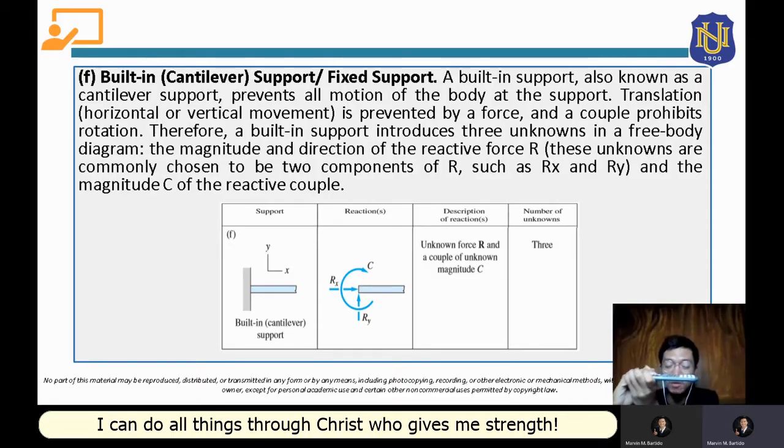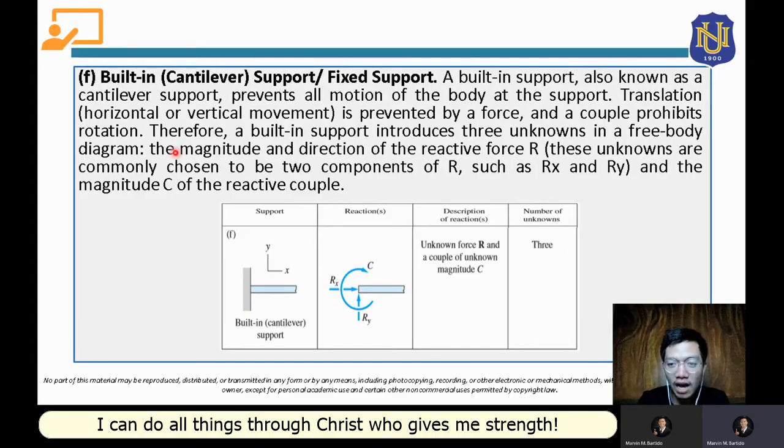If it's restricted to move to the right or to the left, therefore it will have a horizontal reaction. Also, if it is restricted to move vertically, it will have a vertical reaction. And if it is restricted to rotate, therefore it will have a moment reaction.